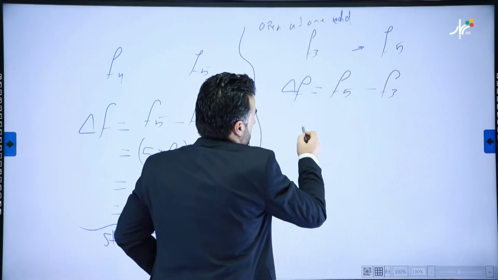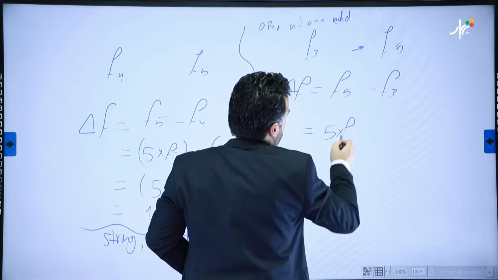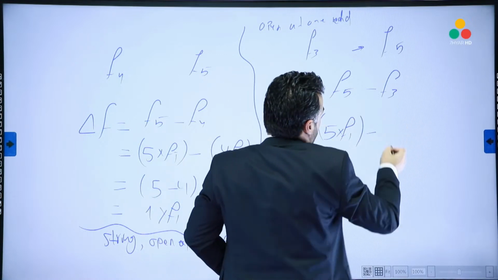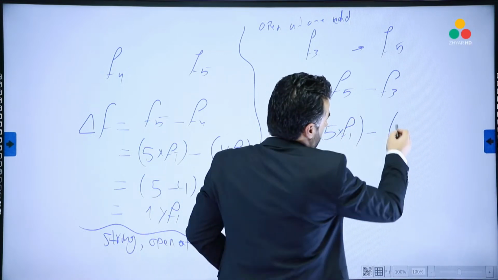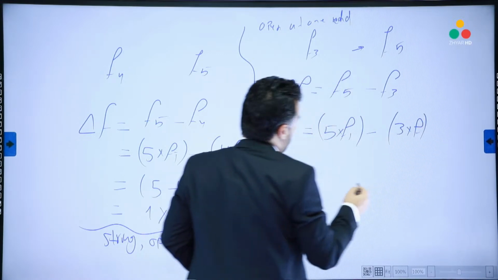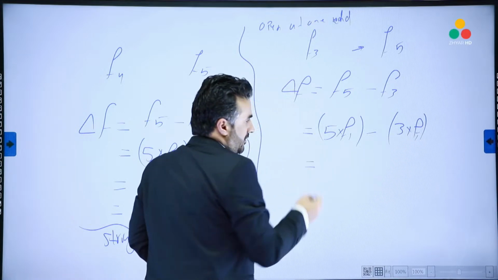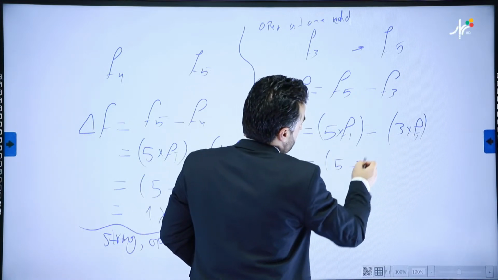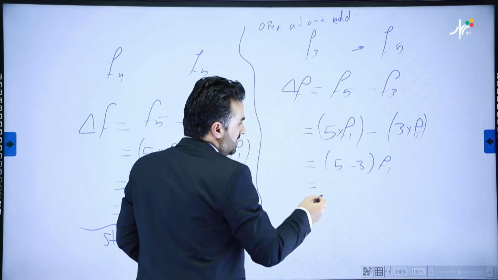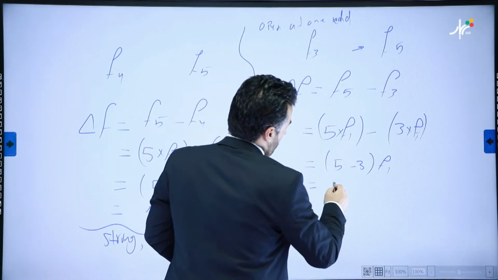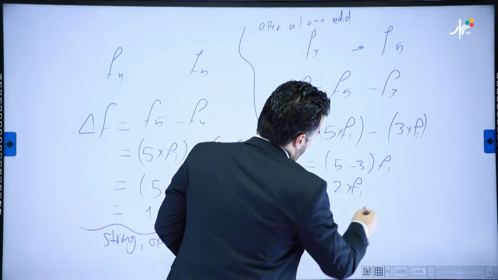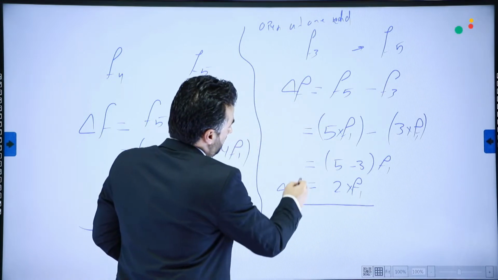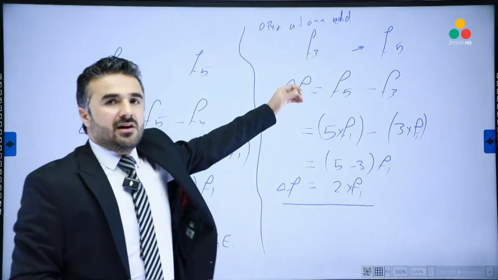F5 equals 5 times the fundamental frequency, minus the third harmonic, which is 3 times the fundamental frequency. So we take F1, the fundamental frequency, as a common factor. 5 minus 3 is 2, so it is 2 times the fundamental frequency.